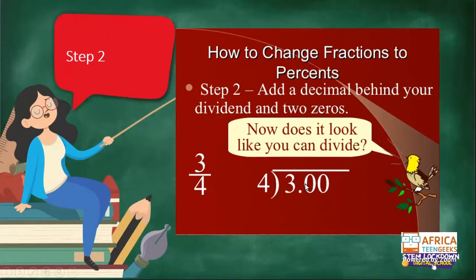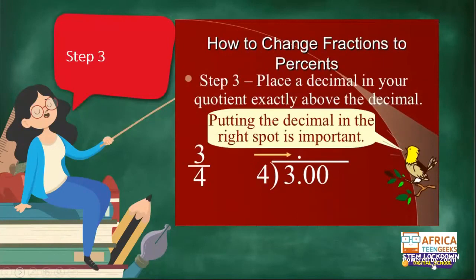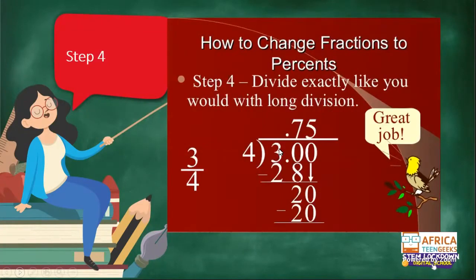And then we saw that it could actually work. We can divide by 4 if we add zeros to the 3. But we must always remember to put the decimal point and add the 2 zeros. This is exactly what we've done on that previous slide.